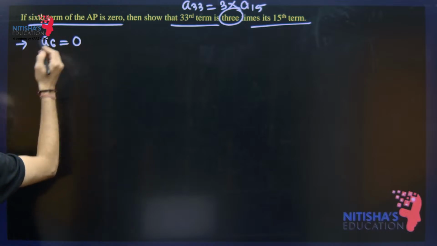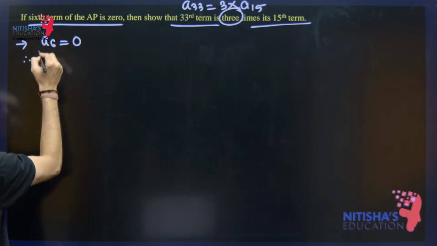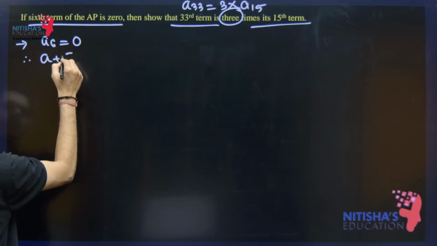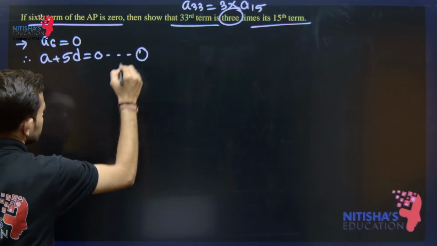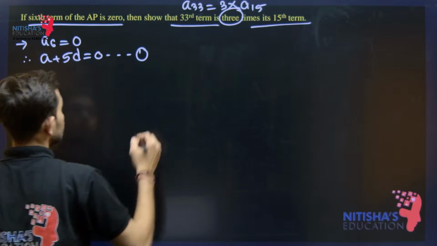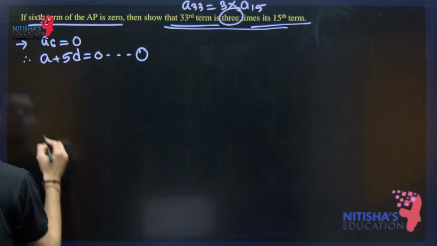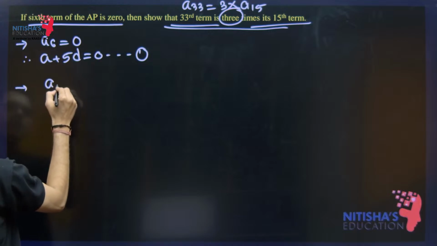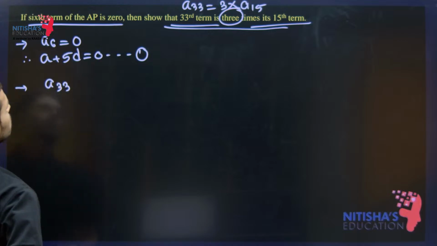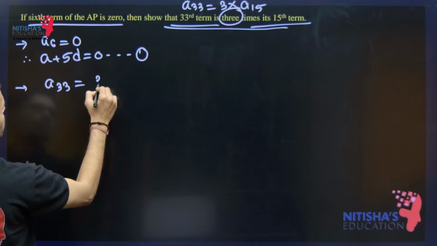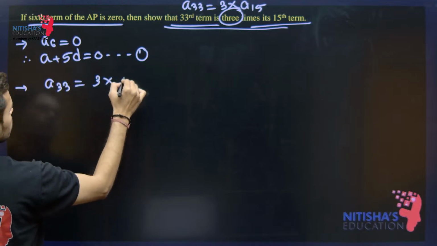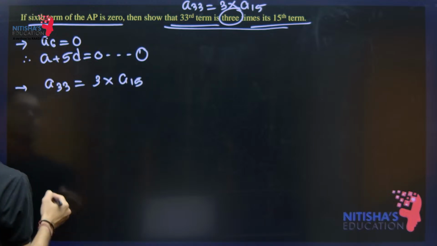So here A6 is equal to 0. So we can write it as A plus 5D is equal to 0. Let's say this is our equation 1. Now use this statement. It is saying that A33 is equal to 3 into A15.